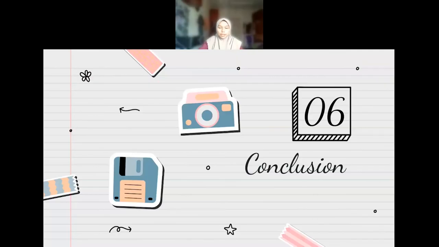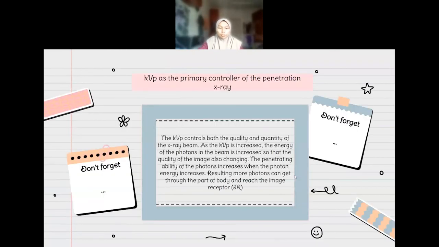Last part is conclusion. The kVp is primary controller for the penetrating X-ray and radiographic contrast. So first, the kVp as the primary controller of the penetration of X-ray. The kVp controls both the quality and quantity of the X-ray beam.